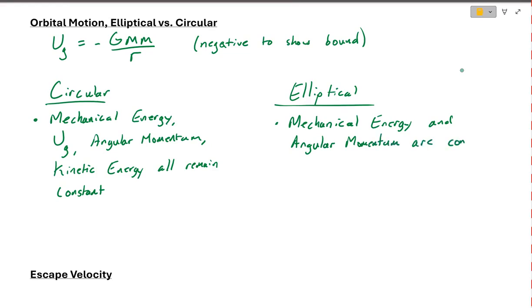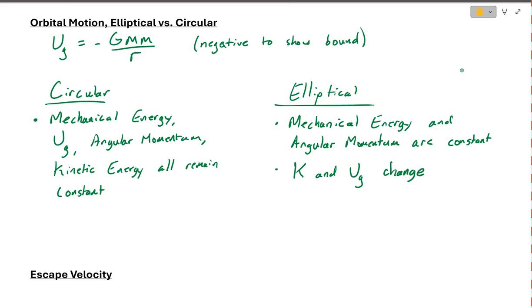Wait, why is it constant? Because there's no external torque on the system. Again, because there's no work being done, no outside forces, no outside torques. So it's a closed system, is what we would say. However, my kinetic energy and gravitational potential energy do change. The amount of potential energy I have is dependent on radius.